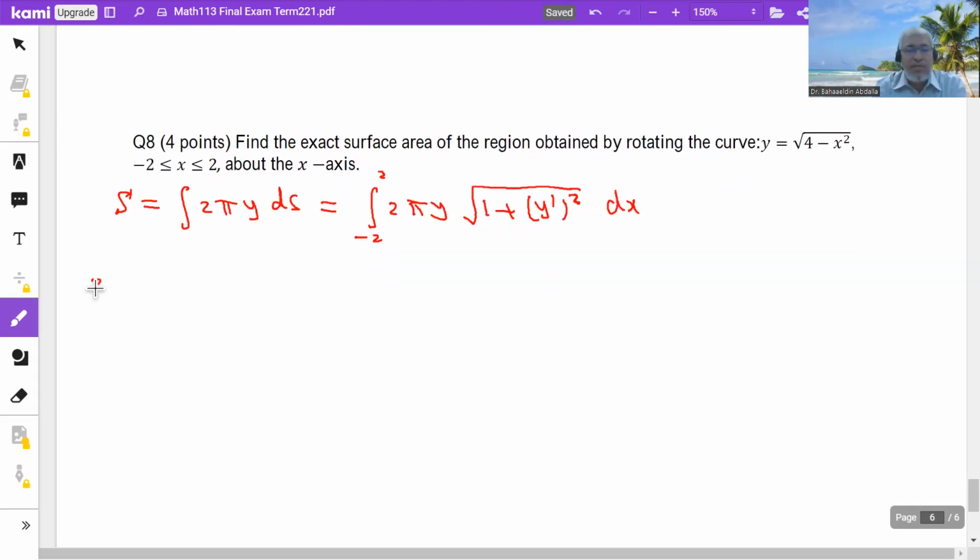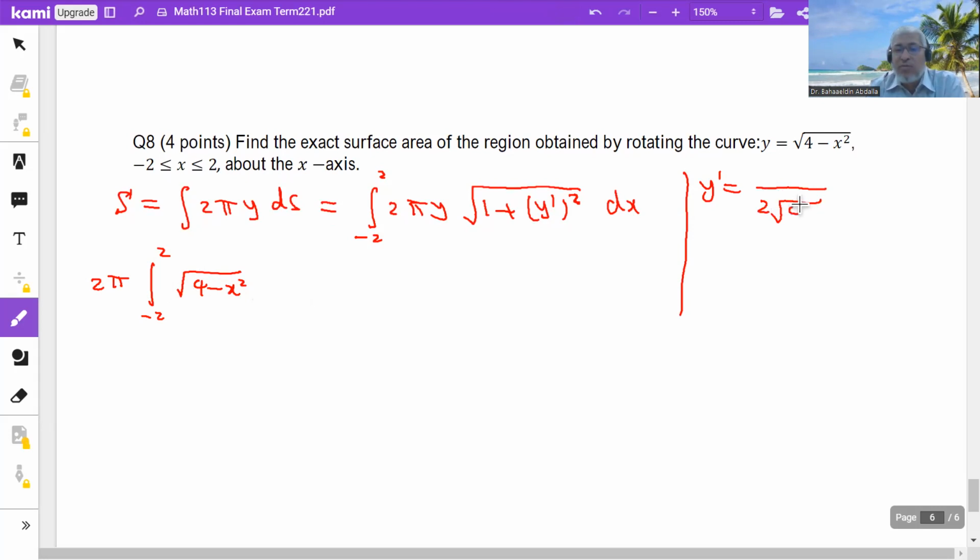So I can take 2 pi outside. Now I have y here, but the integral is with respect to x, so I need to write the definition of y, which is the square root of 4 minus x squared. And let us work a little here. Let us find y prime. What is the derivative of the root? 1 over 2 times the root, times the derivative of what is inside the root, which is negative 2x.